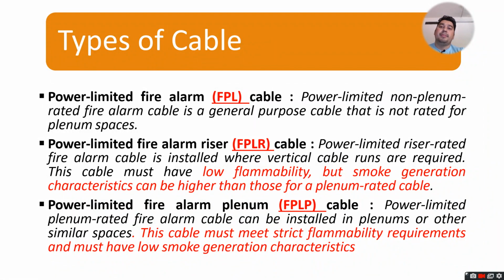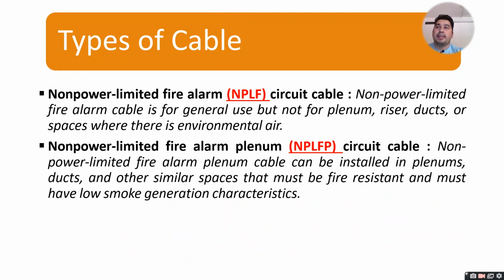Power limited fire alarm plenum cable. Power limited plenum rated fire alarm cable can be installed in the plenum or other similar spaces. This cable must meet strict flammability requirements and must have low smoke generation characteristics. Non-power limited fire alarm circuit cable.